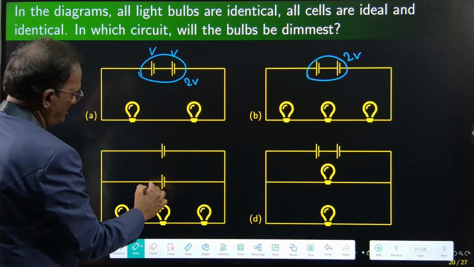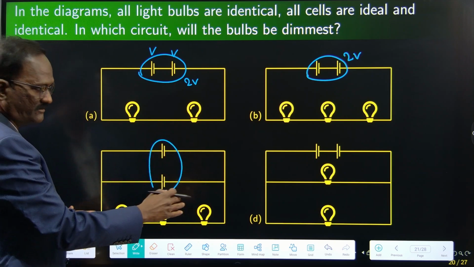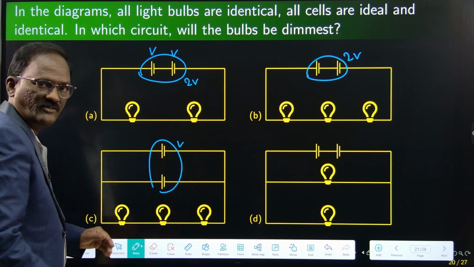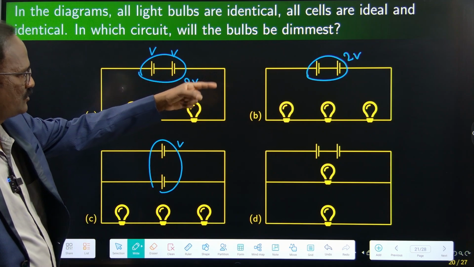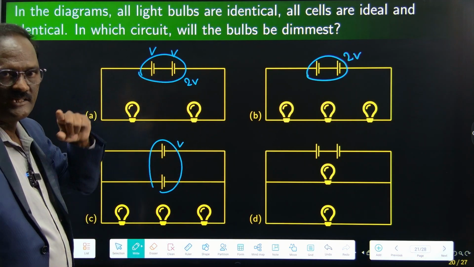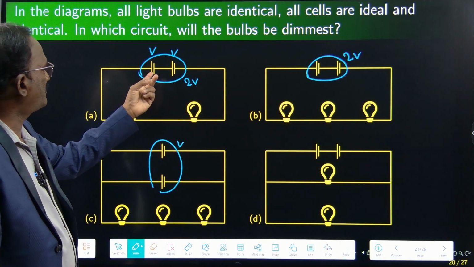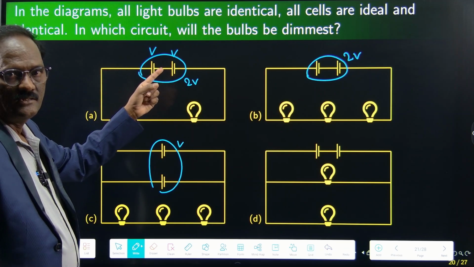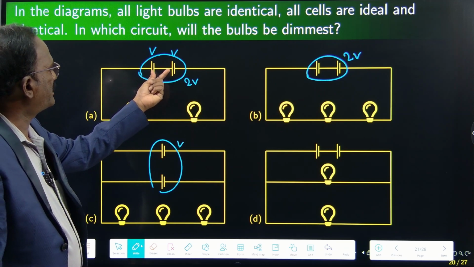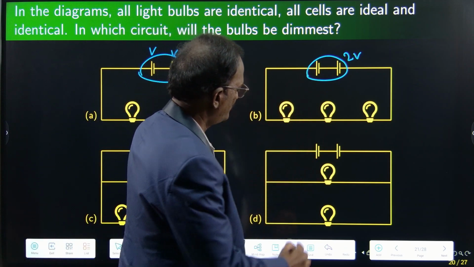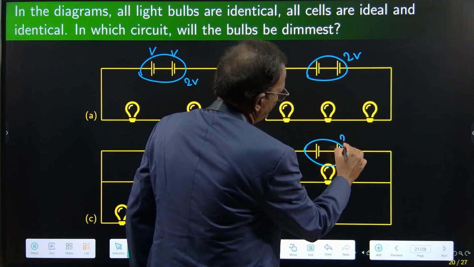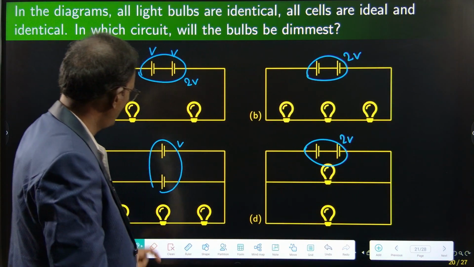Then this is V, this is V, and this is a parallel connection, so only V is applied here. Here it is a series connection, 2V, 2V. Look at the polarity also: unlike polarities are connected here, so I am adding them. So this is also 2V, and this is V.